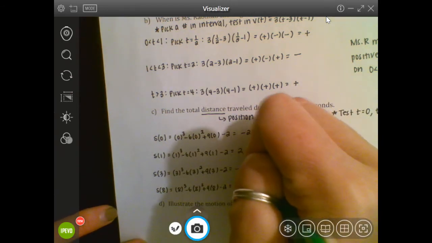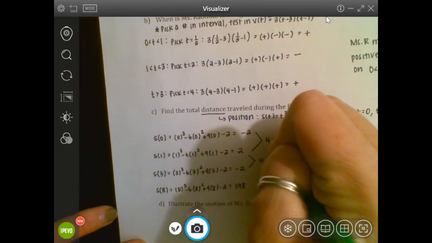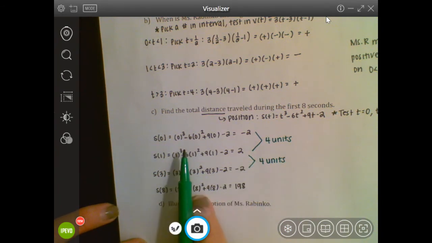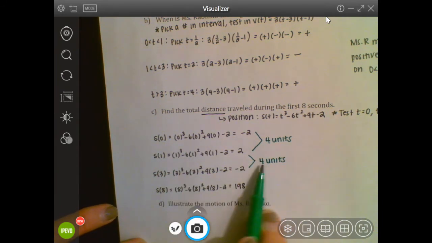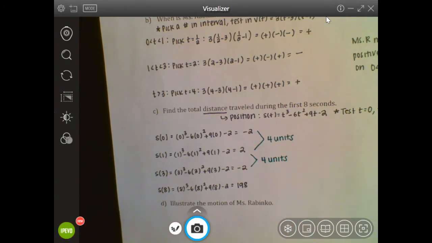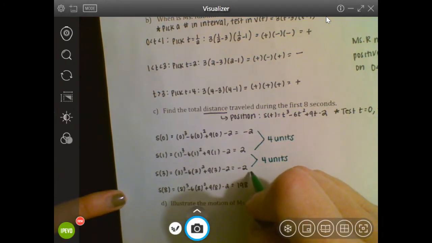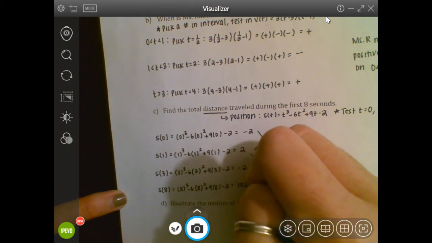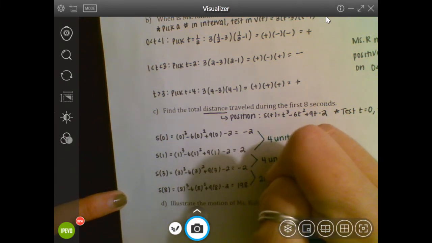But in this case, remember that distance is always going to be positive. So even though you're going left on the number line from 2 to negative 2, you're still going a distance of positive 4 units. And then to get from negative 2 on a number line to a positive 198 on a number line, you're actually going to be traveling a total of 200 units.